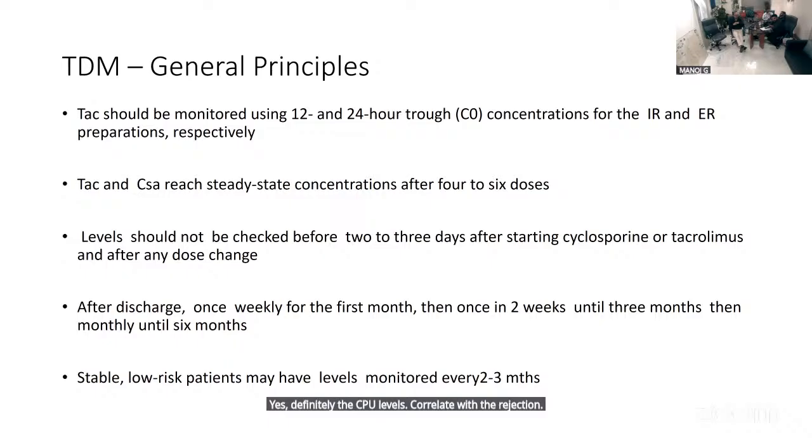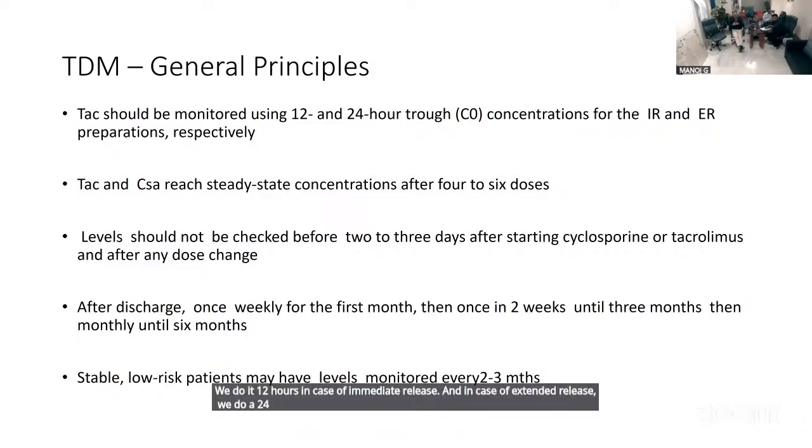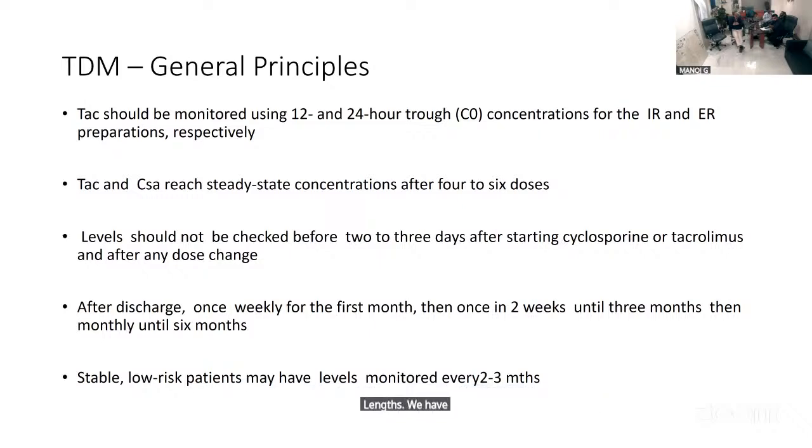In tacrolimus, we measure the 12-hour trough in case of immediate release, and in case of extended release, we measure a 24-hour trough level. We have to remember that with cyclosporine and tacrolimus, steady state concentration is achieved after 4 to 6 doses.